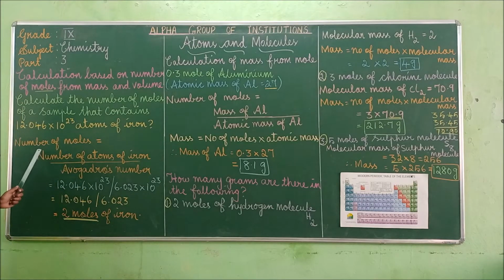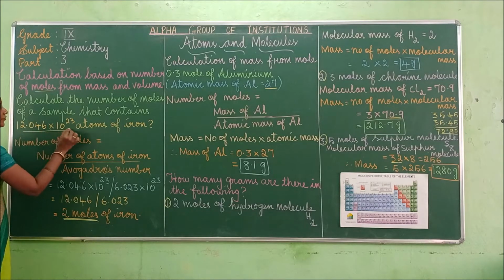For that, we have to apply this formula, that is number of moles is equal to number of atoms of iron divided by Avogadro's number, because we are going to find out the number of moles. That is equal to, already in the question they have given the number of atoms of iron, isn't it?